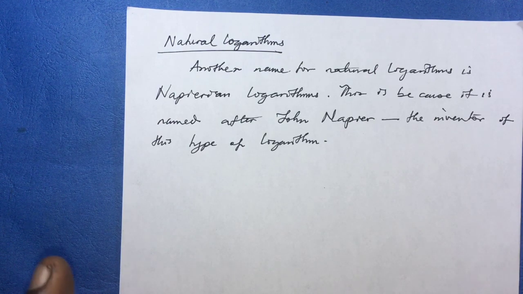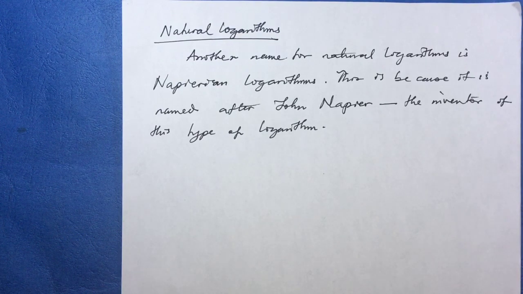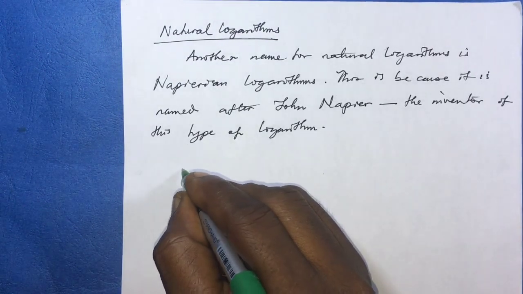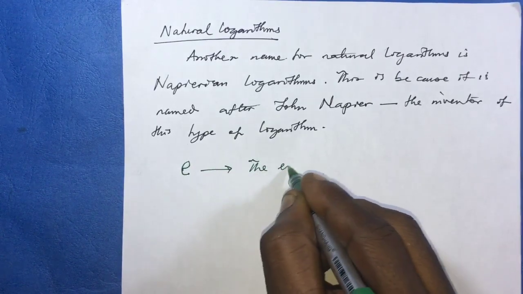Let us now look at what natural logarithms are. So, I'm going to start with telling you that there is a number e called the exponential.